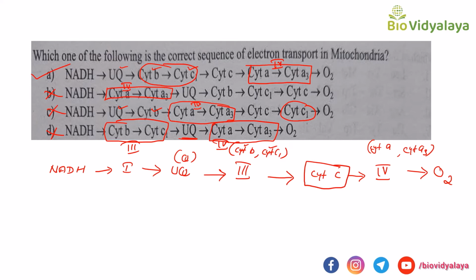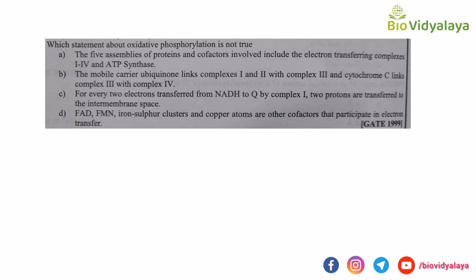Okay. This question is also from GATE examination. Which statement about oxidative phosphorylation is not true? Option A, the 5 assemblies of protein and cofactors involved include the electron transferring complexes 1 to 4 and ATP synthase. Option B, the mobile carrier ubiquinone links complex 1 and 2 with complex 3 and cytochrome C links complex 3 with complex 4.